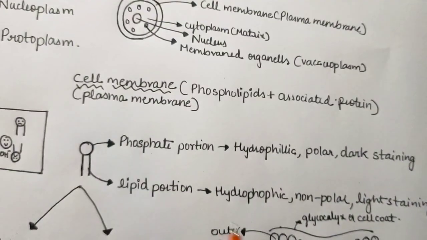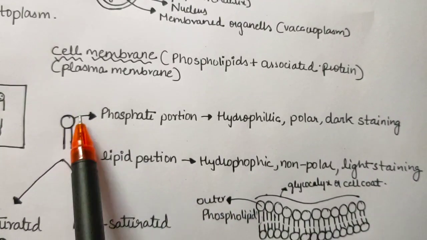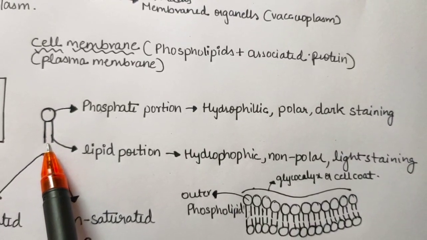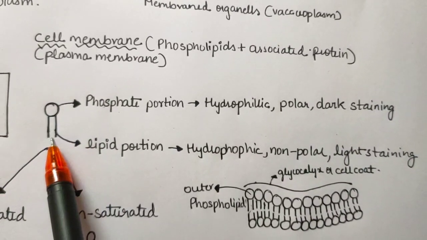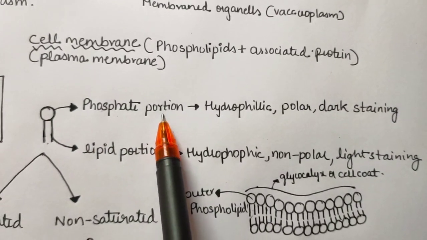Now here we will take one phospholipid. A phospholipid has a head as well as tails. It has one head and two tails. The head is the phosphate portion.